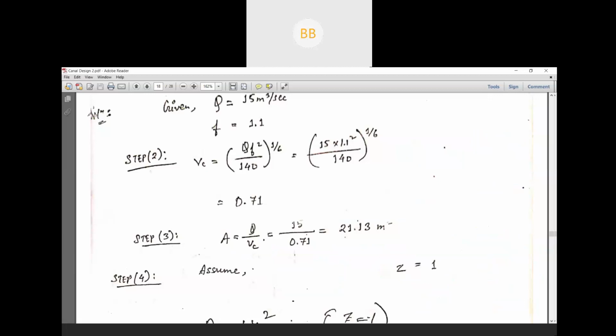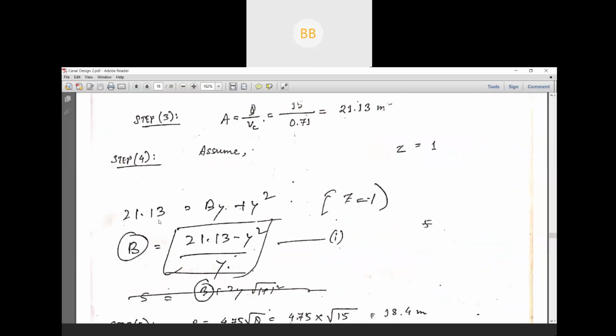That is why in place of area we substitute 21.13 equals by plus y square. In place of z we have substituted 1, so it is plus y square. Then we find an expression for b in terms of y.